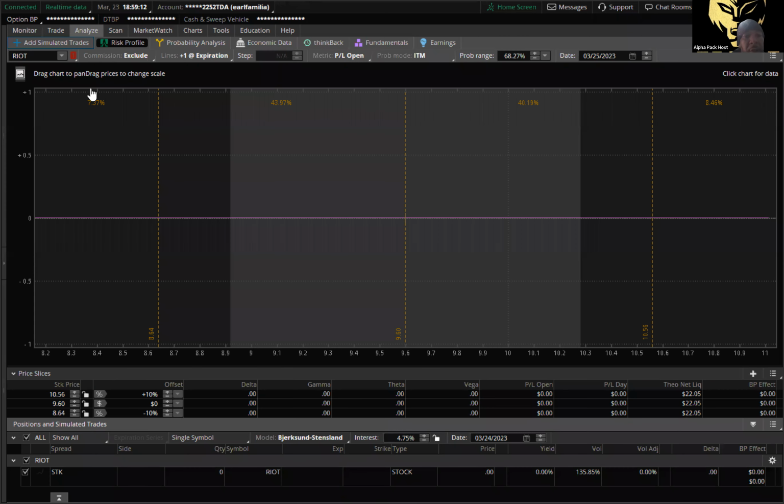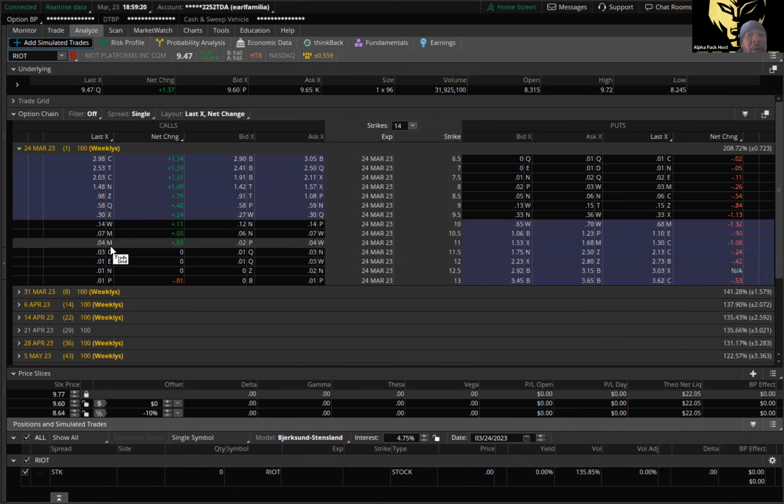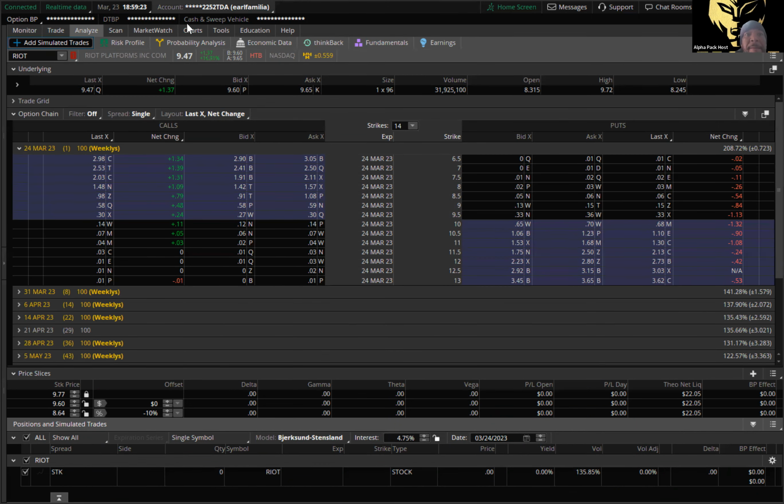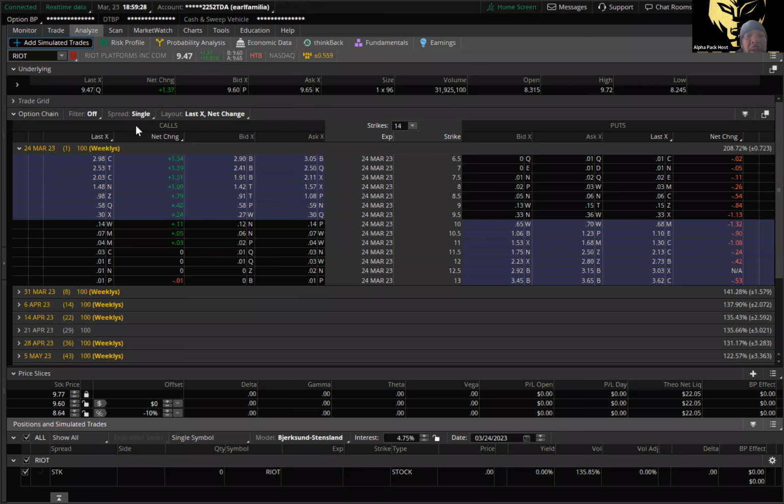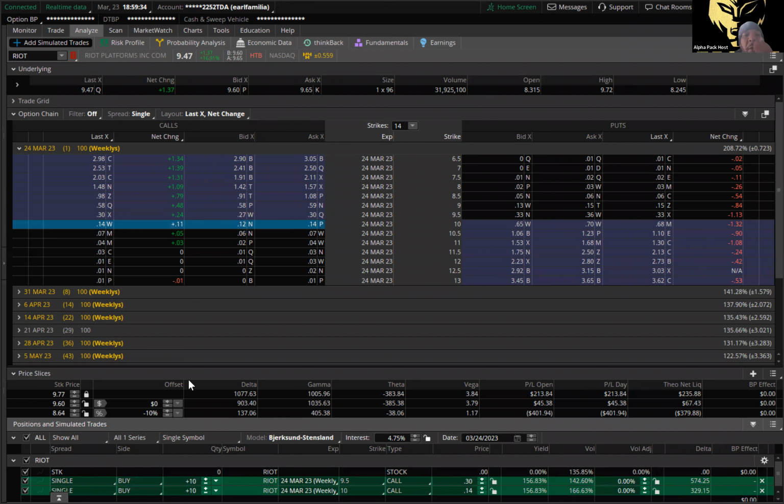Let's type some numbers in here and see what we get. $9.59. Let's add the 9.50s and the tens. So the 9.50s are 30 cents.